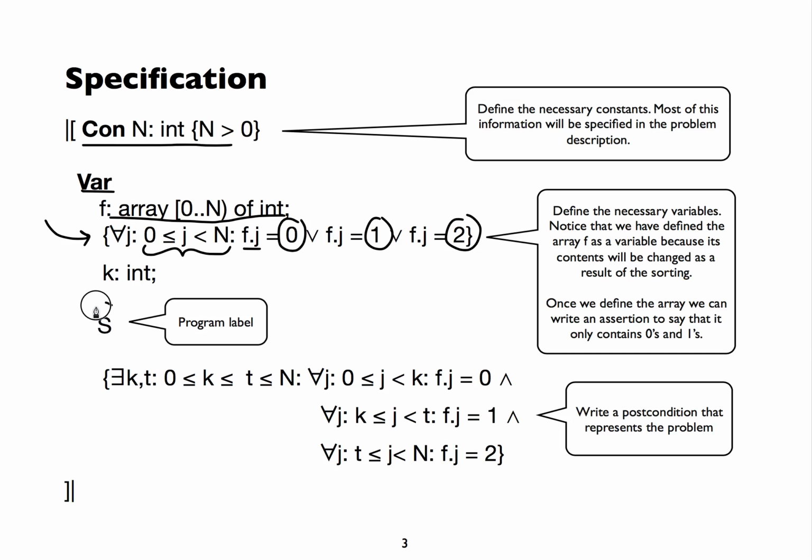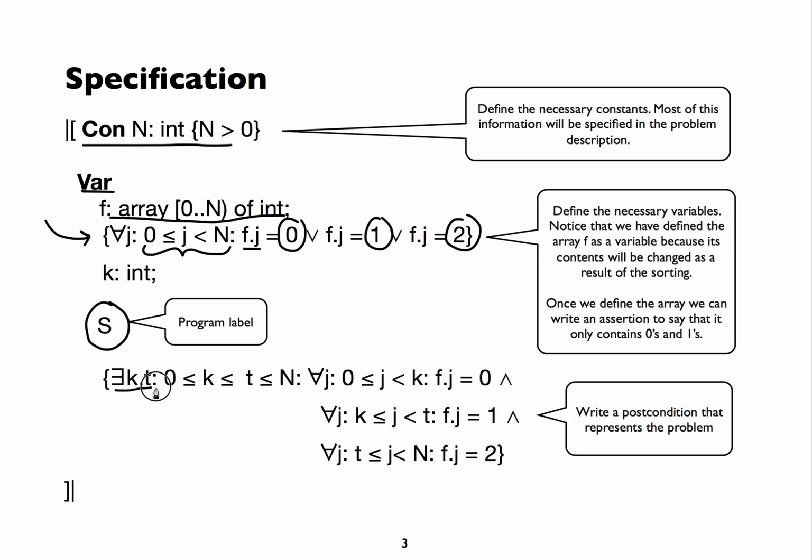The next thing, of course, is a label, some label s that represents the program. And the most important piece of the program specification is the post condition. If we have an array and we want to split the array into three segments, we're going to need two variables.